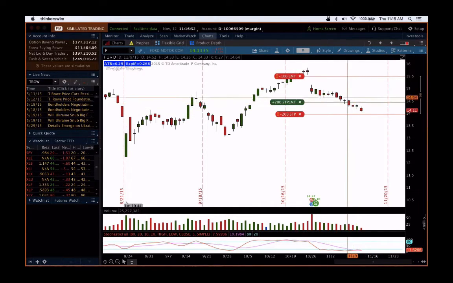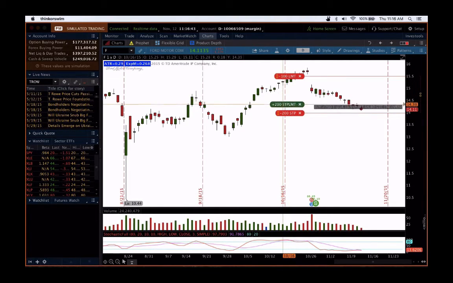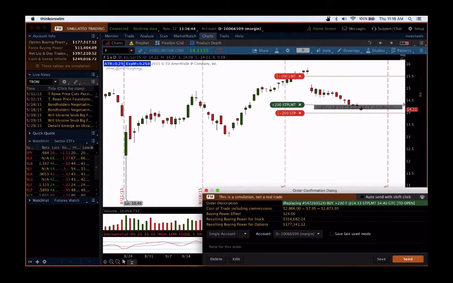Now that the price has continued to go down, the high price I needed to take out has lowered, so we can lower our stop limit. The best way to do it is to cancel and replace the order, but we can just drag it down and ballpark it above that candlestick high and send that in.